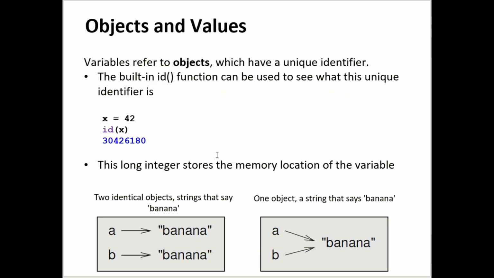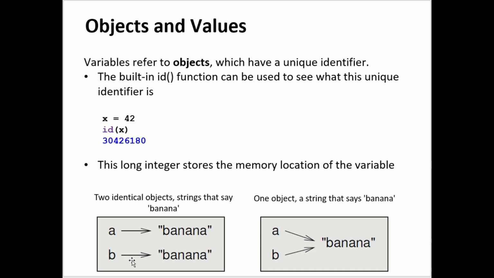Now what's happening here can kind of be illustrated by these two figures at the bottom. So if you have the string banana, you can create two variables, A and B, each referring to that string banana. And you can have banana, that string, saved to two different spots in memory to have two different values for ID.